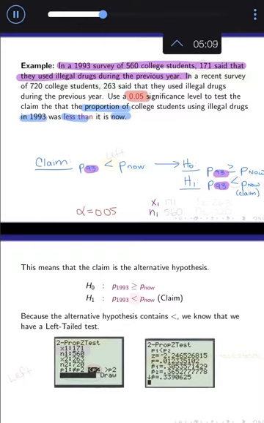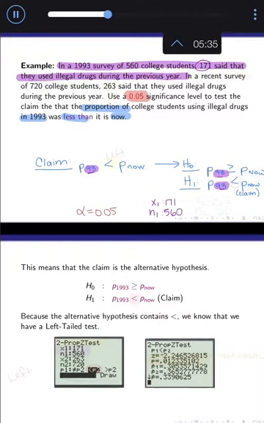When I go to my calculator, I have to give an X and an N first. It always has to be with what I'm mentioning first in my null and alternative hypothesis. So my X1 is, remember, if you're thinking of this as a fraction or a proportion, the smaller number goes on top, so that would be the 171. The N is the total, which is the 560.